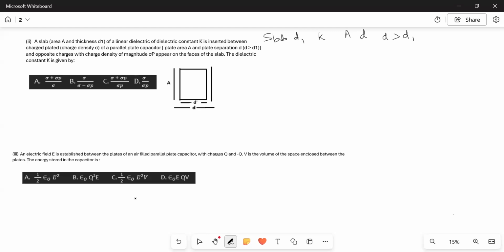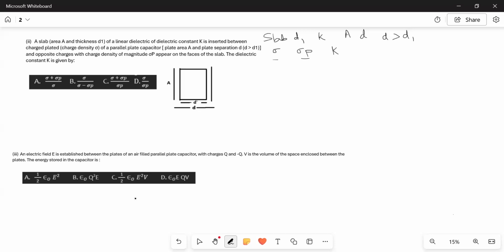It is also given that sigma is the charge density on the plates and sigma P is the charge density on the slab. So we have to find the value of dielectric constant in terms of sigma and sigma P.